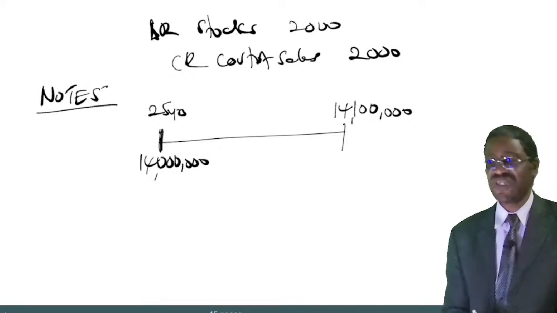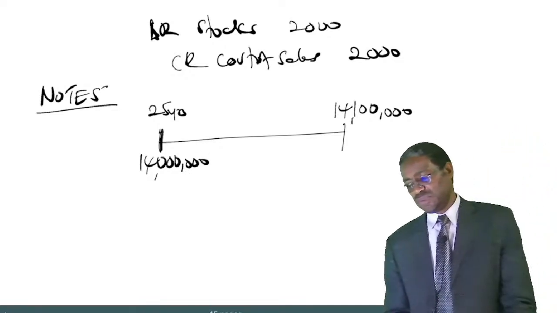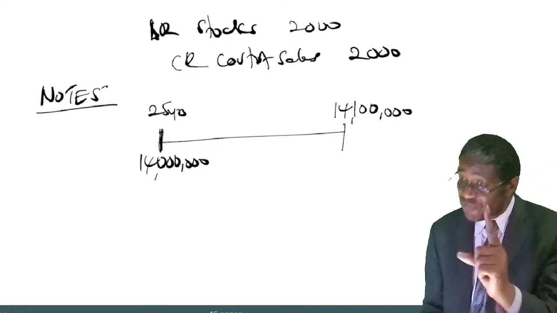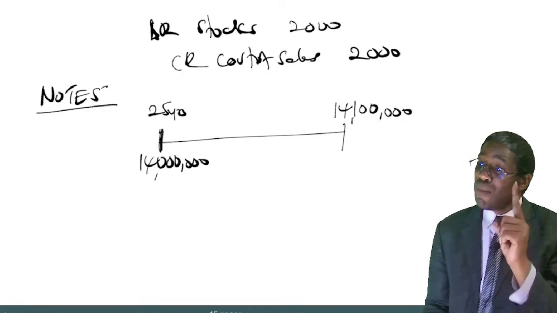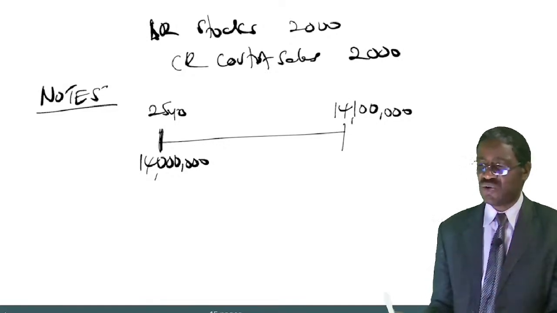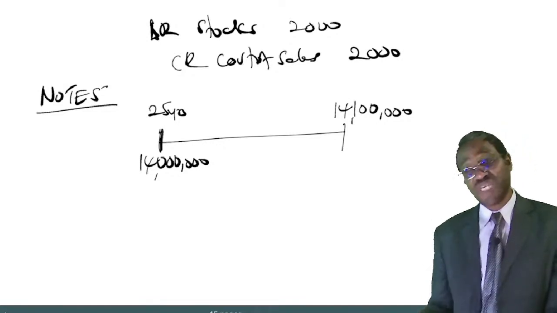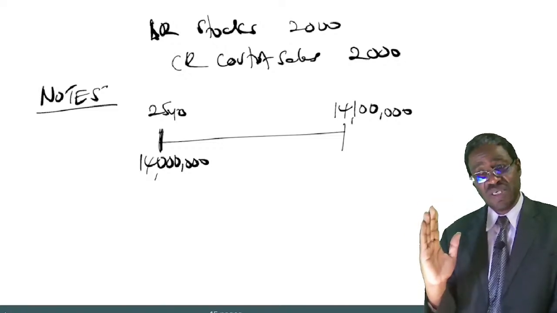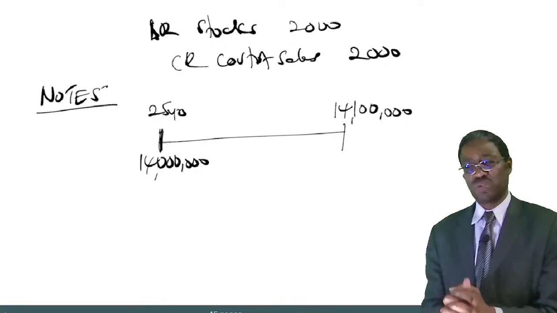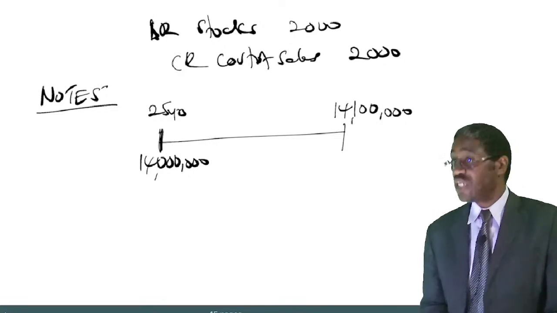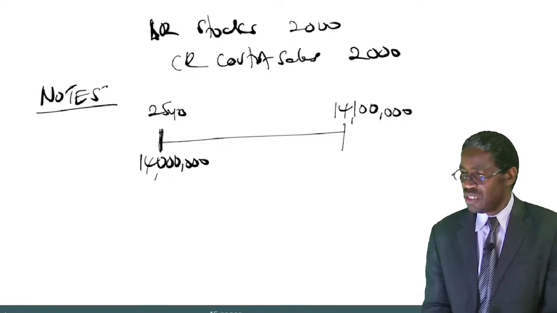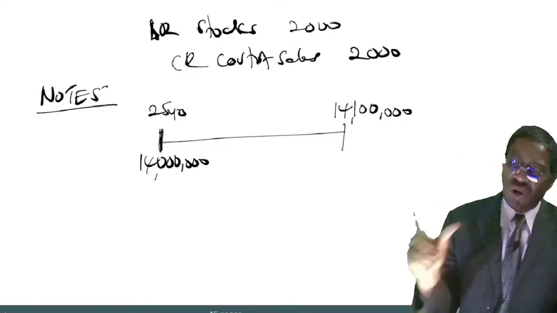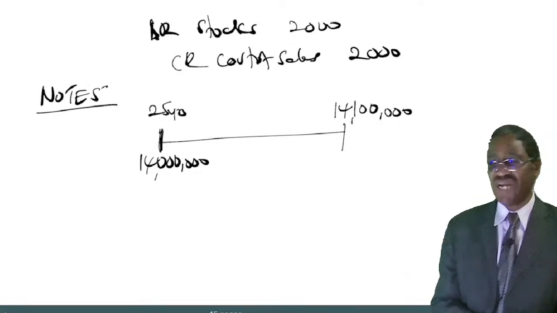Listen to this carefully now. If the value of the building by January, let's call it January, was 14 million, and by the end of the year it was revalued to 14.1 million, there is no way you can say that there is a gain on revaluation of 100,000.